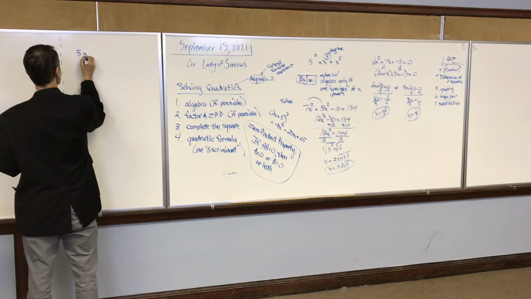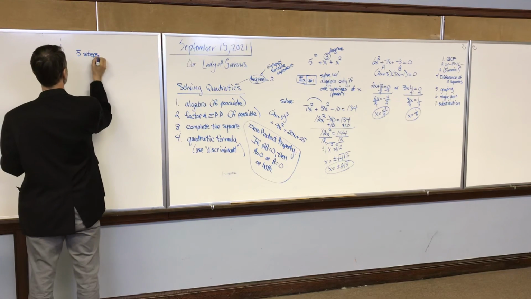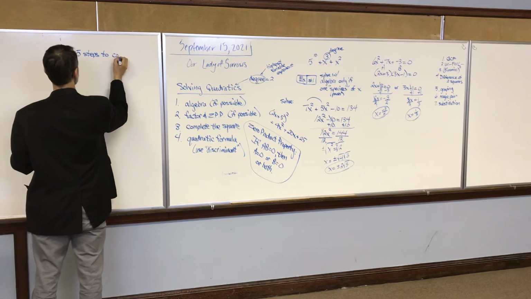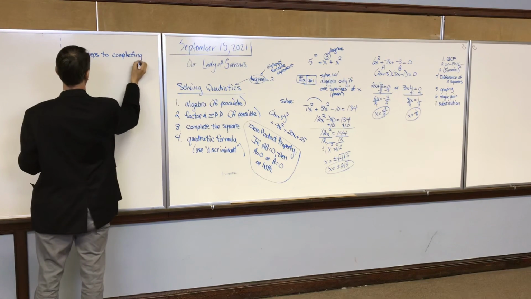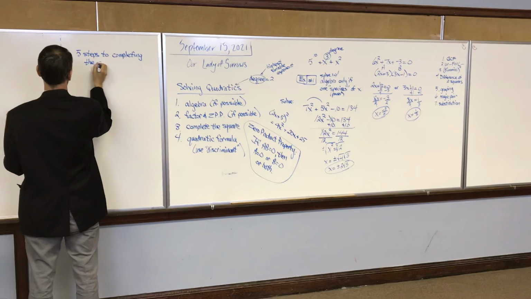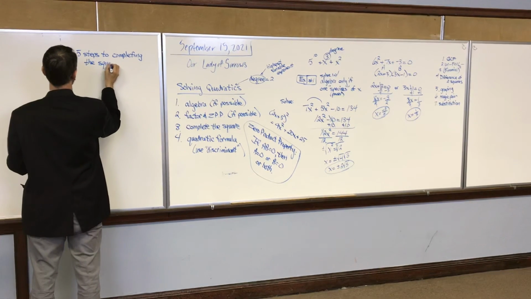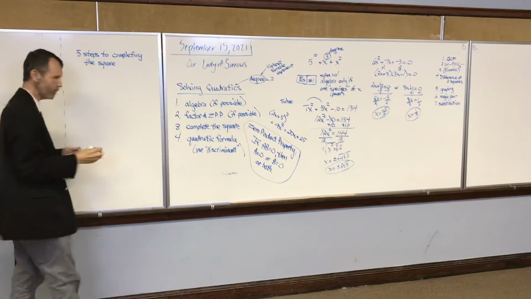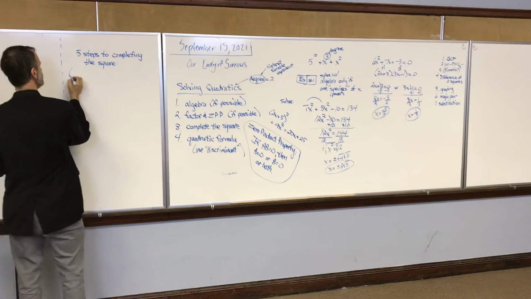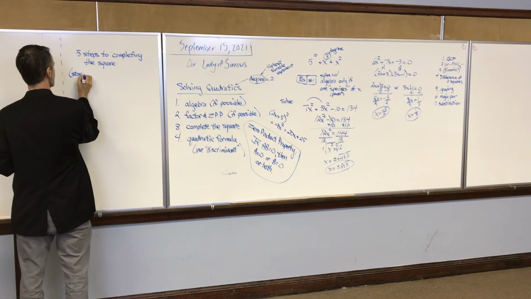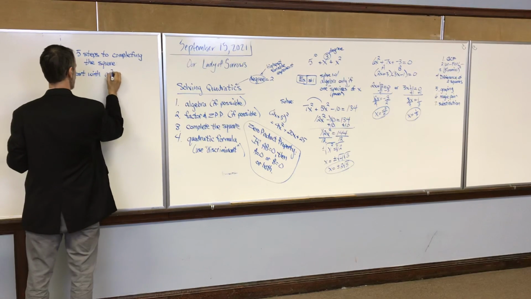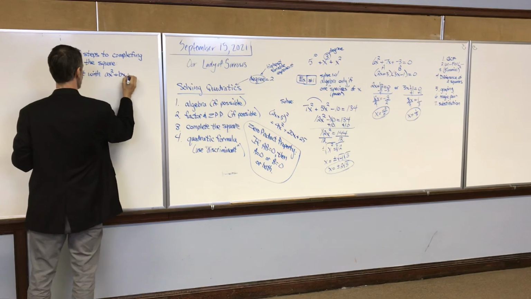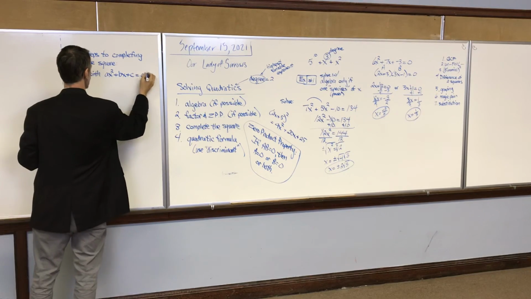There are 5 steps to completing the square. Now, we're assuming you start with ax squared plus bx plus c equals 0.